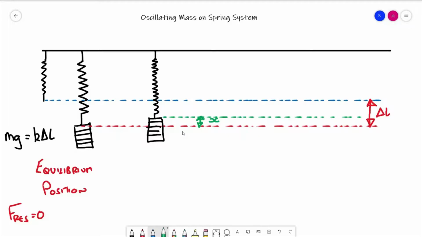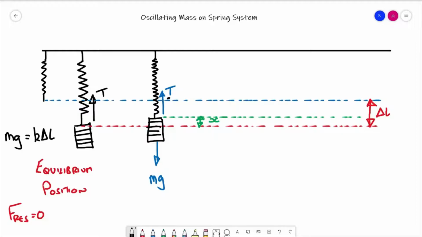Now, once again, I just want to consider the forces that are acting on this system. We've still got the weight mg acting down, and we will still have some kind of tension in the spring acting back up. Here though, because the overall extension of the spring is now less than at the equilibrium position, this tension here will be less than the tension in the spring when it was at the equilibrium position.